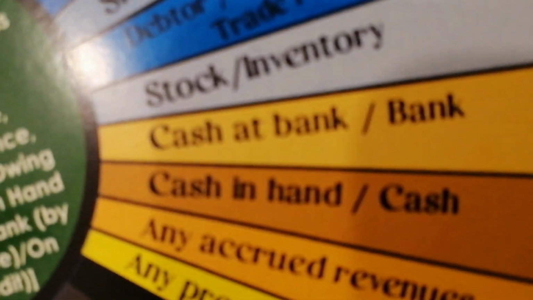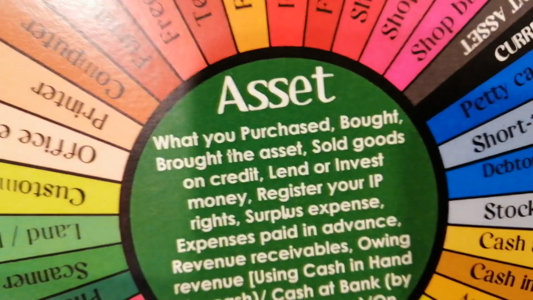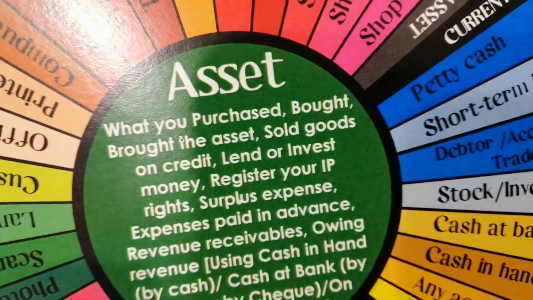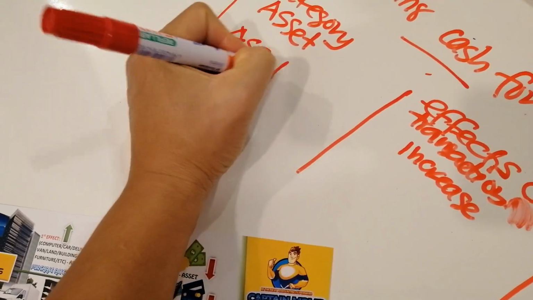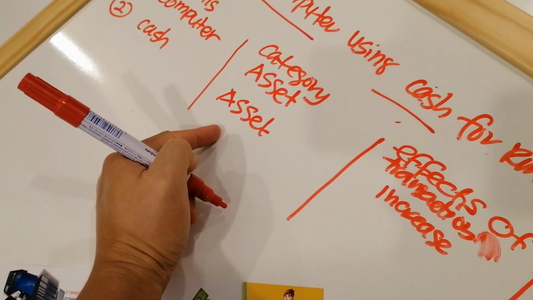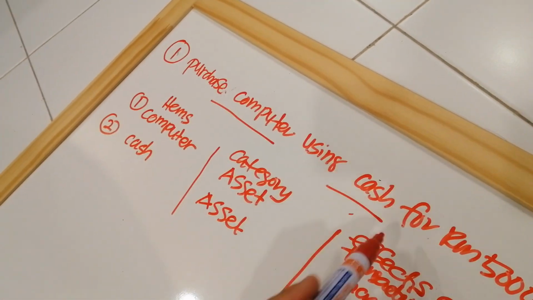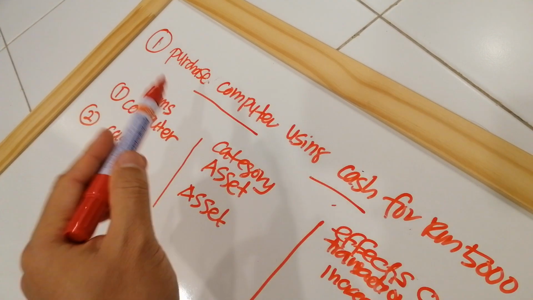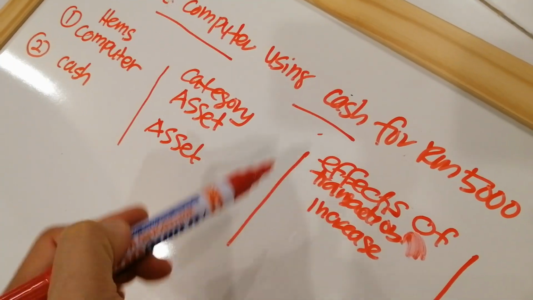This one nampak. Cash in hand or cash. Can you see? Category asset. It cannot be another category. So you put here as well. Category is asset. Okay. So when your business purchase computer using cash for 5,000, yes, computer under asset. Asset you bertambah lah. Computer dah bertambah.